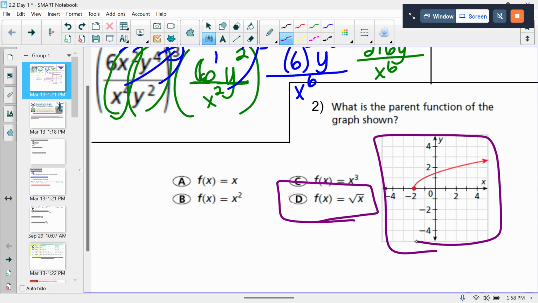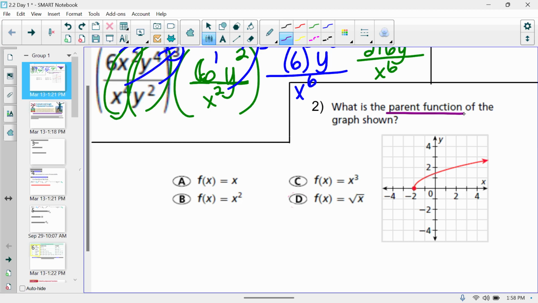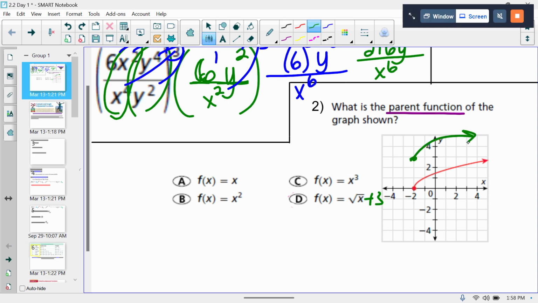Now, just to give you a heads up, later in the year, we'll study the shapes of this graph and this type of graph. And then the parent function, if you remember, just means you can make transformations to this. Like if I add 3, what it would do is shift the graph up 3, for example, okay? So if you graph this in your calculator, it's actually going to look like this.